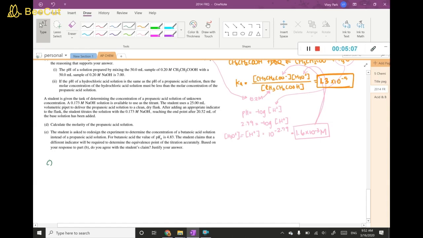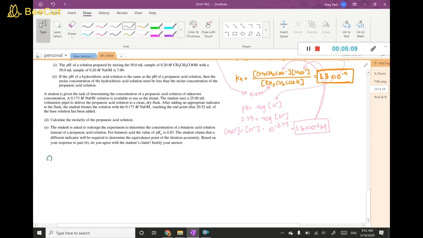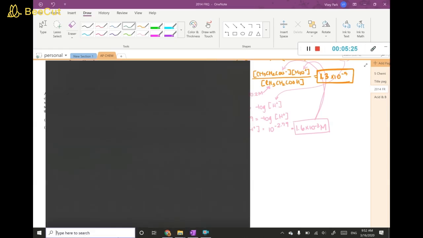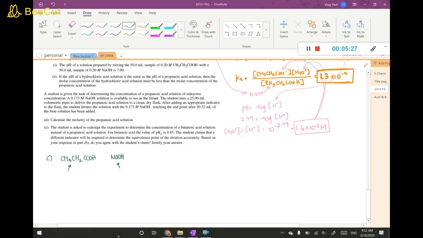So here's the thing, easiest way to do this. Okay, if you're looking at propanoic acid versus sodium hydroxide, let's just quickly talk about their strengths. So propanoic acid, is that a strong or a weak acid? Okay, it's a weak acid, right? It has to be a weak acid because it's got carbon in it.